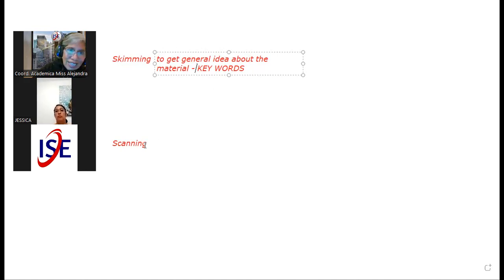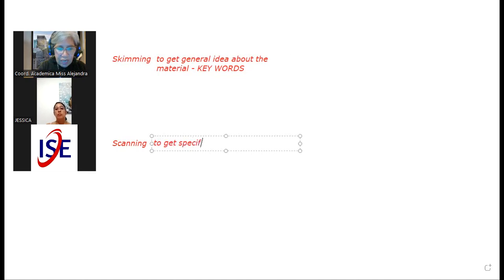On the other hand, scanning is used to get specific details about the material. For example, you are skimming and say, okay, flour, butter, but when you need to know the order or the precise quantities to use, you do scanning.